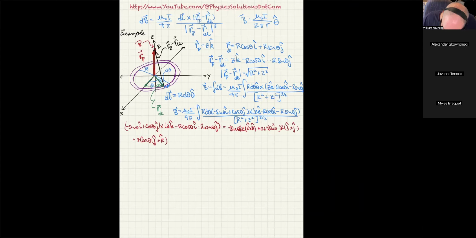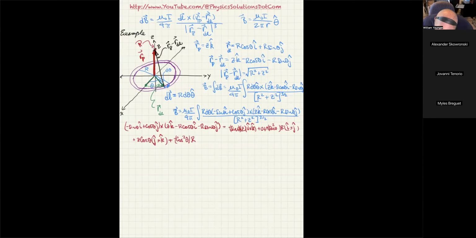And now cosine theta has to hit the second term, and in this case, we have the cosine theta and another cosine theta, so that's going to be a cosine squared theta, and one of them's negative, so I have to put the negative out in front, and I have to put this in parentheses so the r can be there, but that's mainly because if I leave the r there, you might think it's cosine squared of theta times r, when it's actually cosine squared of theta, parentheses, times r.